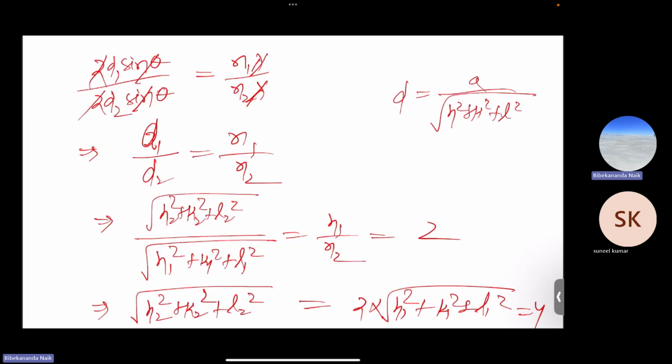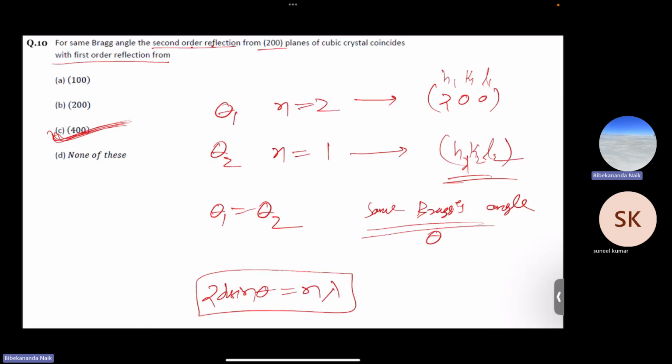So the correct option will be option C, 400. Since theta is the same but the order of reflection is changed, the planes which correspond to those orders of reflection will also change. So for the same Bragg angle, the second order reflection from 200 will be equal to the first order reflection from 400.